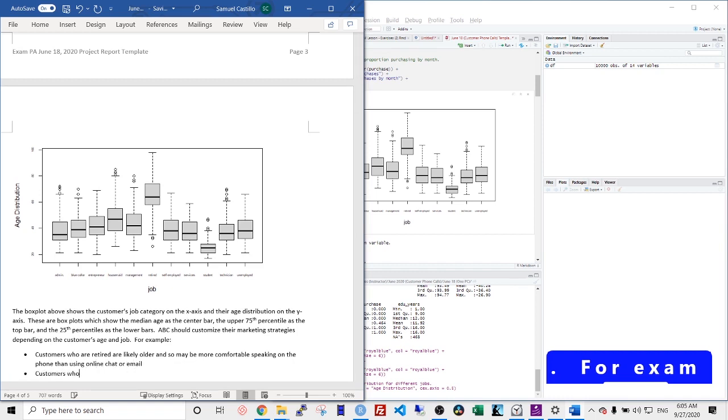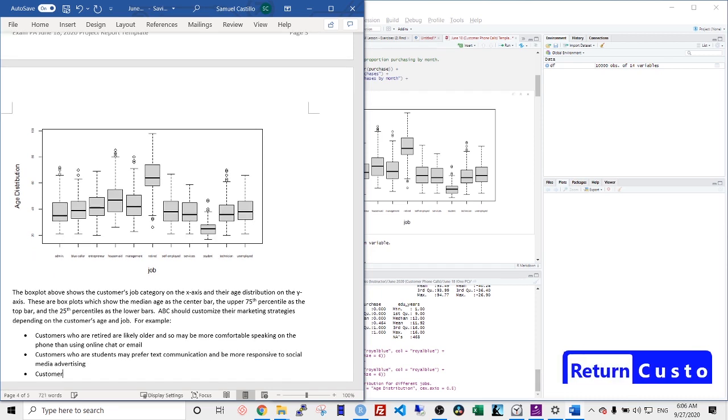Customers who are students may prefer text communication and be more responsive to social media advertising. Customers in the technician category tend to be between 25 and 45, and so they may not have a preference.